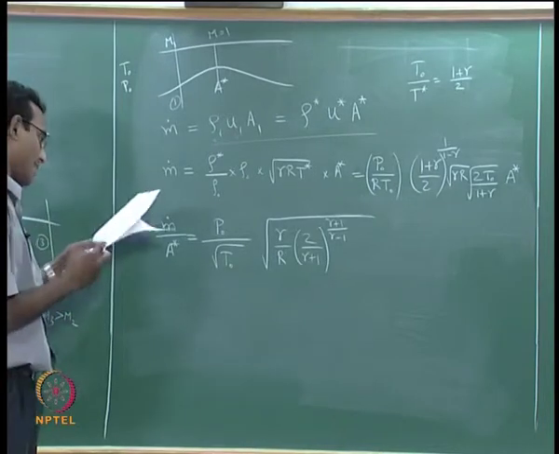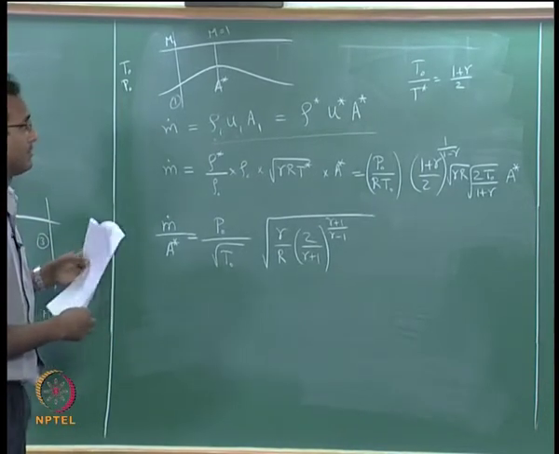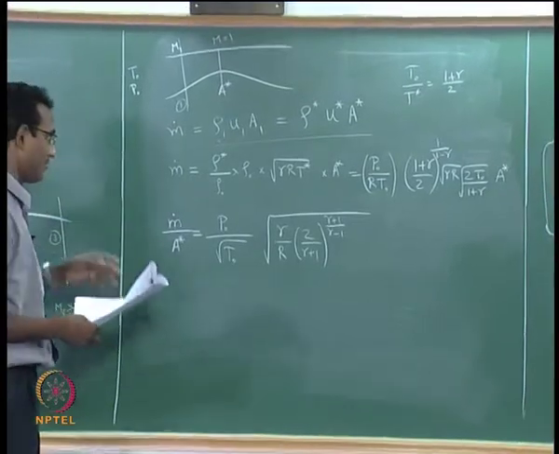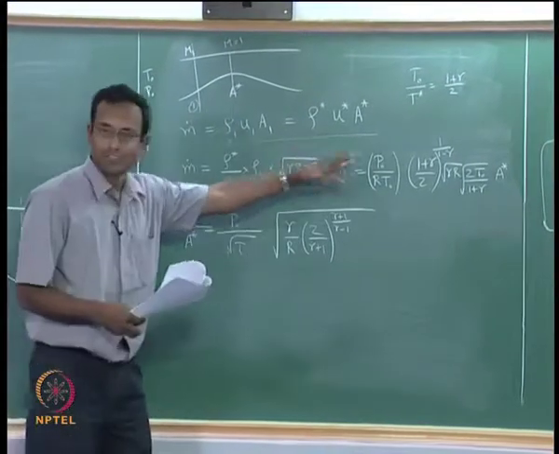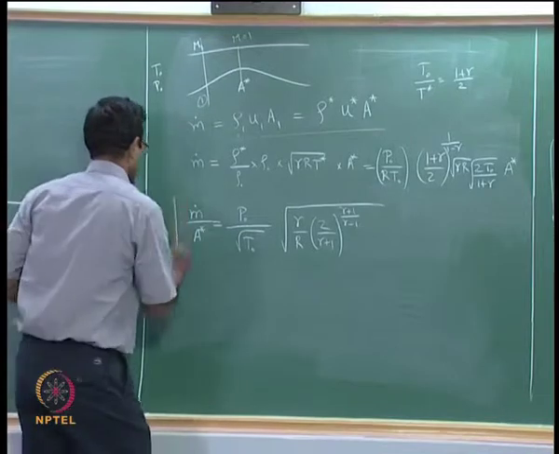Okay. You can end up with this form, it is not very difficult. You will end up with this form after some time, you just go through the math. I will just say you know how to do that math.